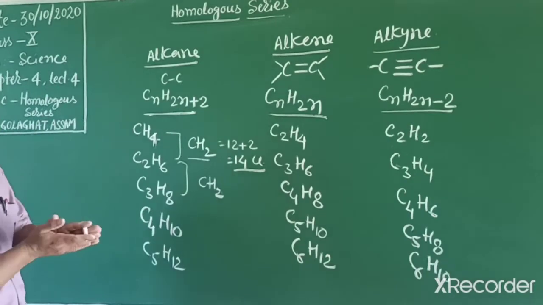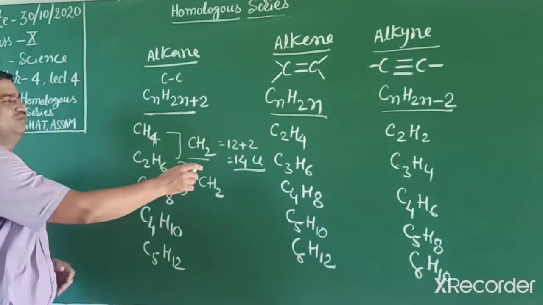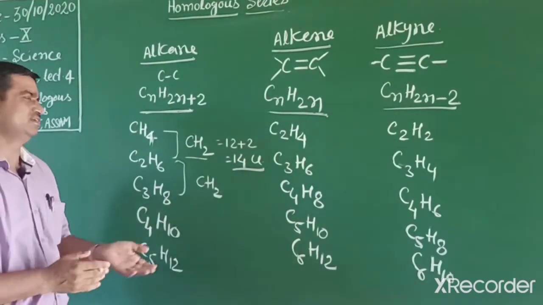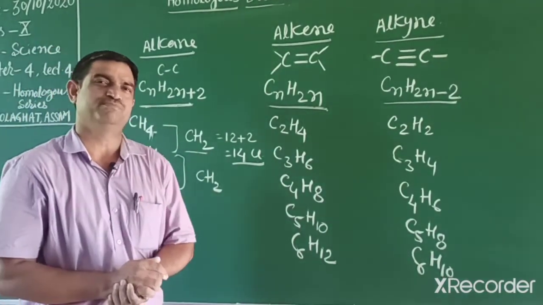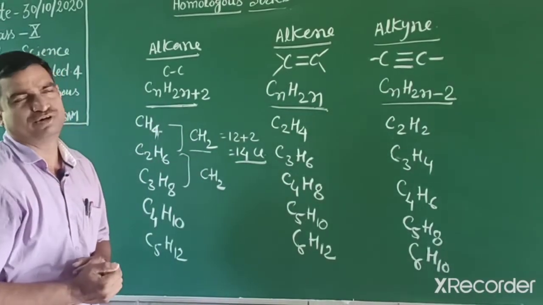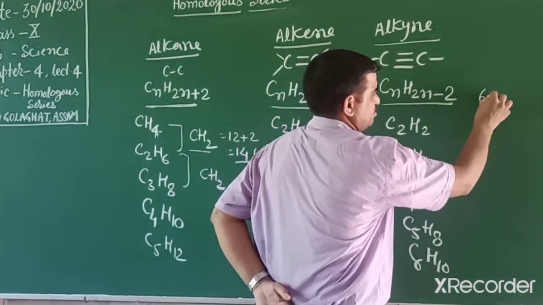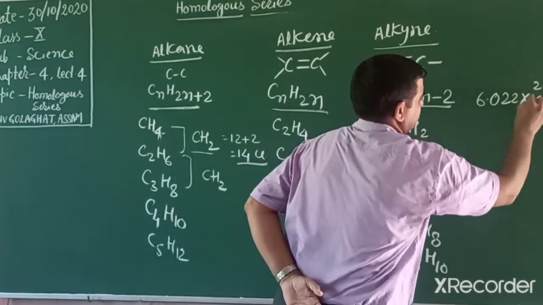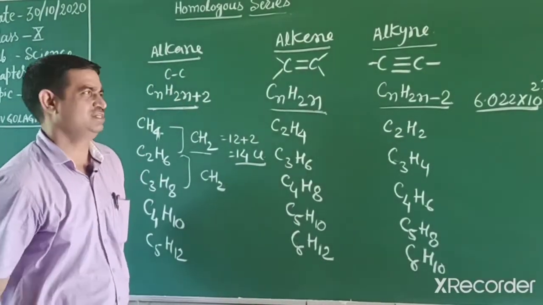If it's one molecule of methane and ethane, what is the difference in their molecular mass? Only 14 u. And if we convert into molar mass, then it converts into 14 gram. Molar mass means, with the Avogadro number we already studied in class 9th, the mole concept, a fixed number, 6.022 into 10 to the power 23 molecules, their mass is the molar mass.